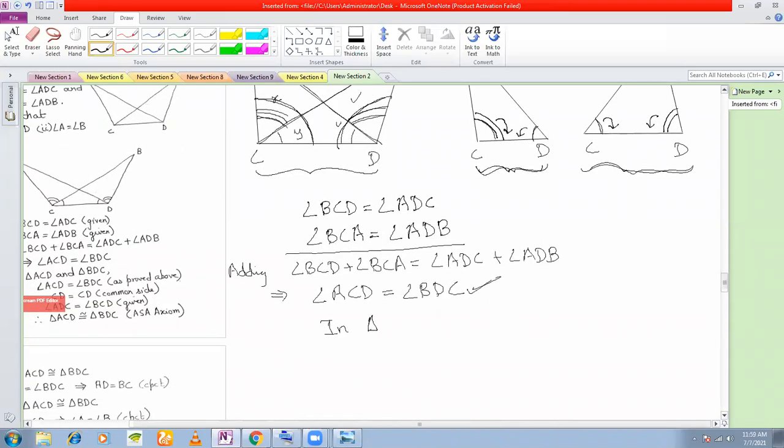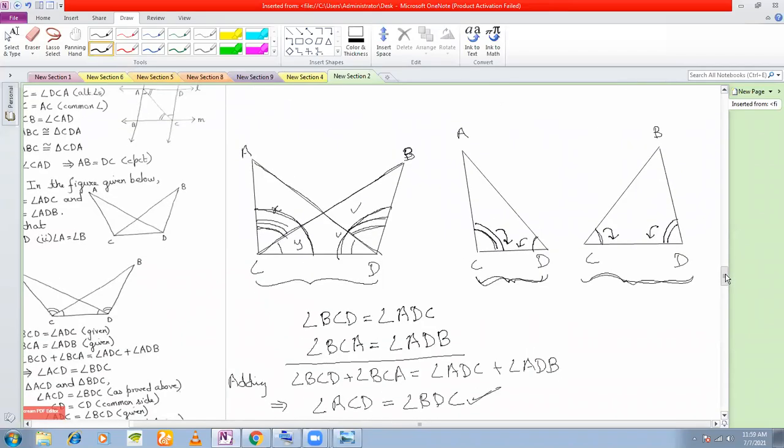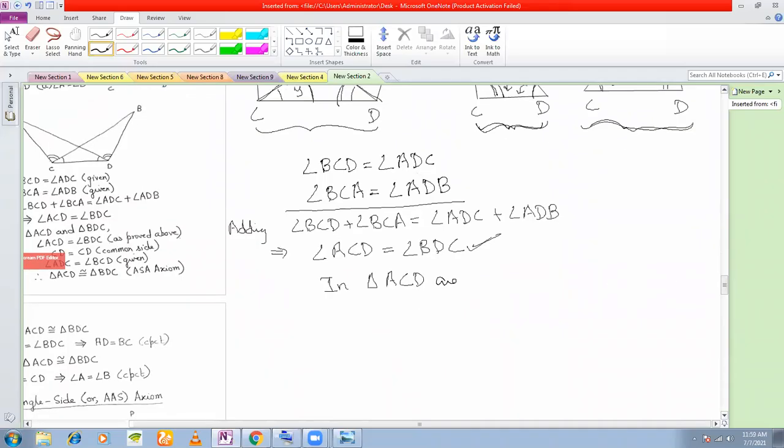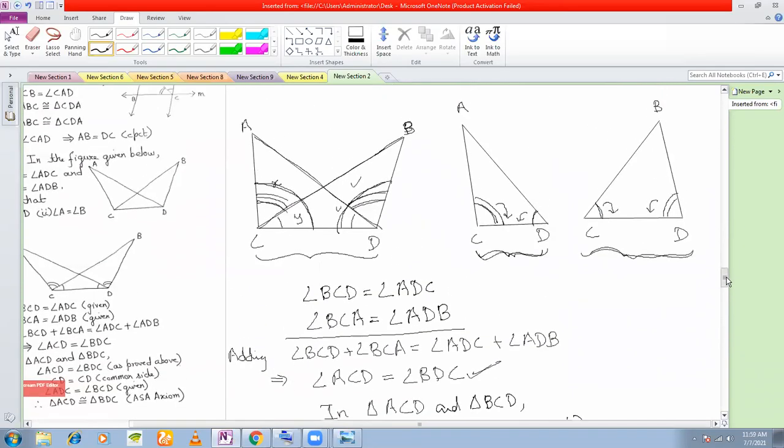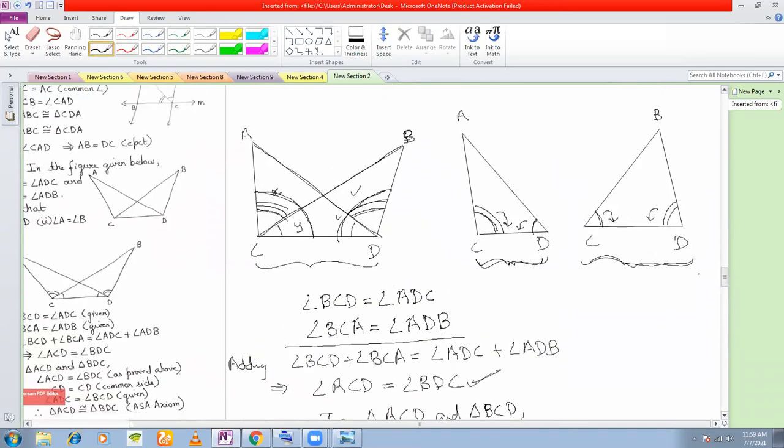We write in triangle ACD, this is a triangle ACD, and in triangle BCD. CD is the common side, so write CD is equal to CD, common side, right? Next, what are the equal angles here?